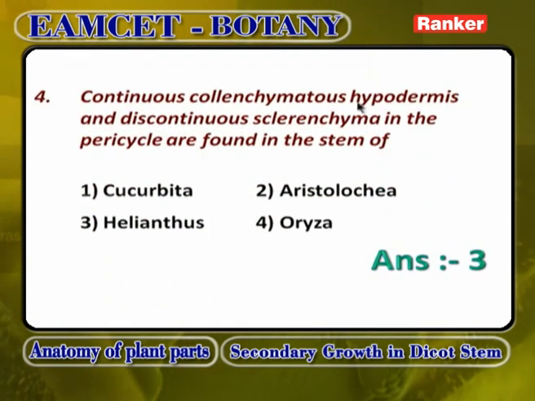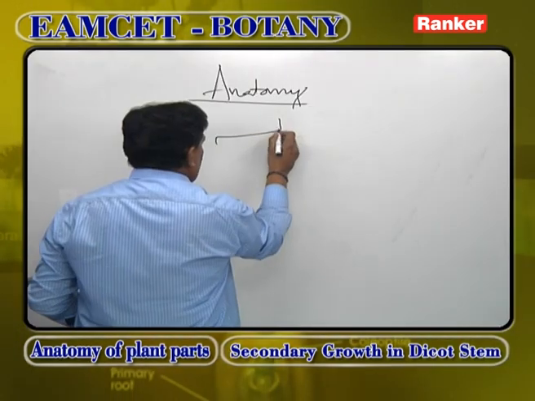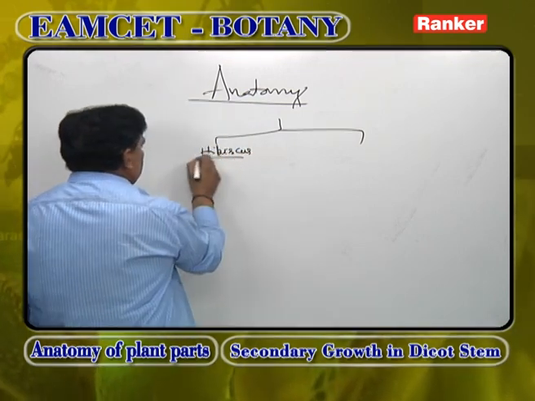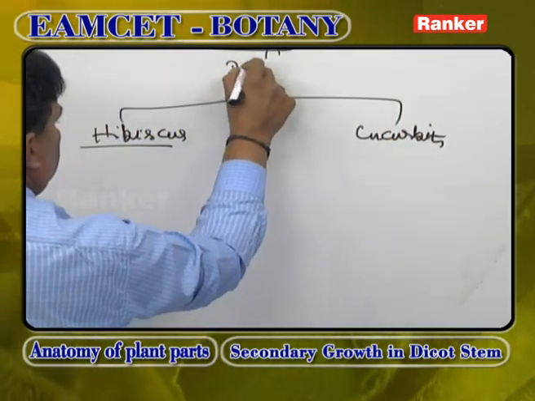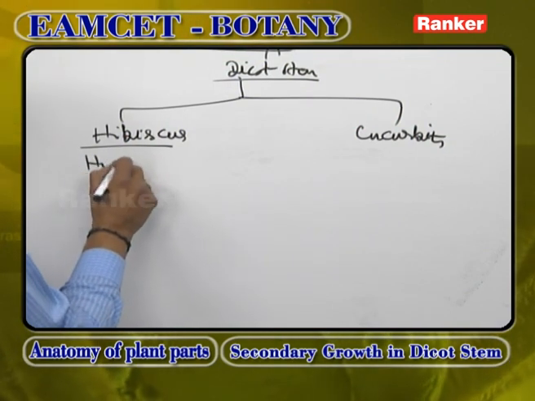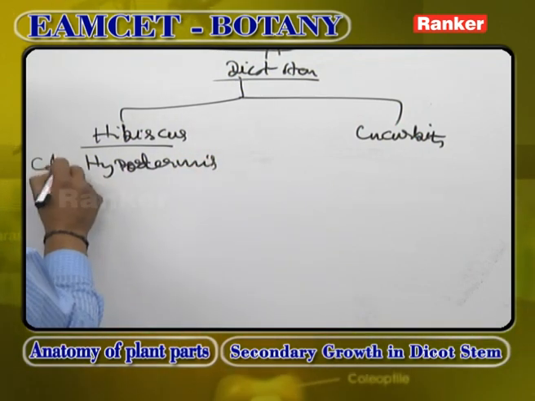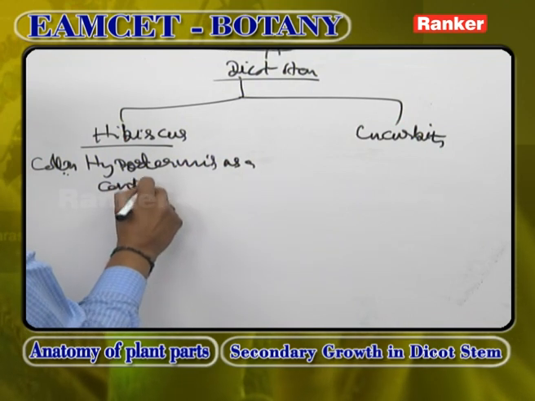Continuous collenchymatous hypodermis and discontinuous sclerenchymatous pericycle are found in the stem of which plant? You have to remember two concepts: dicot stem in hibiscus and dicot stem in cucurbits. In hibiscus, the hypodermis is collenchymatous and present as a continuous ring.